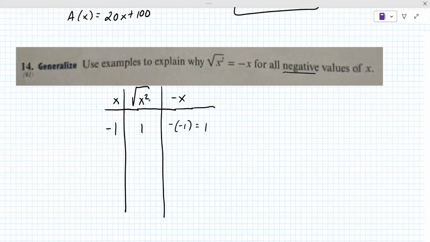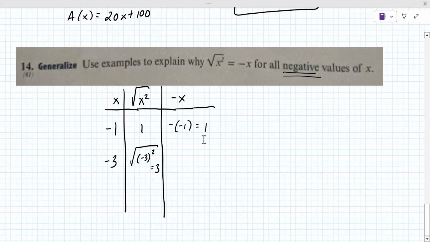But you have to choose negative values of x. So how about -3? It's -3 squared, square rooted. Becomes 3. Just to be clear, it's the second two columns that have to be the same. So the 1 and the 1 are the same.